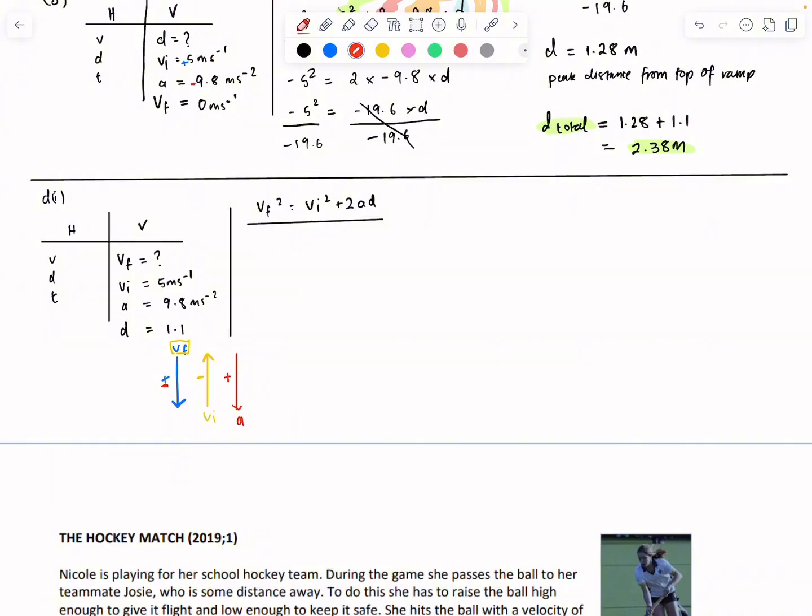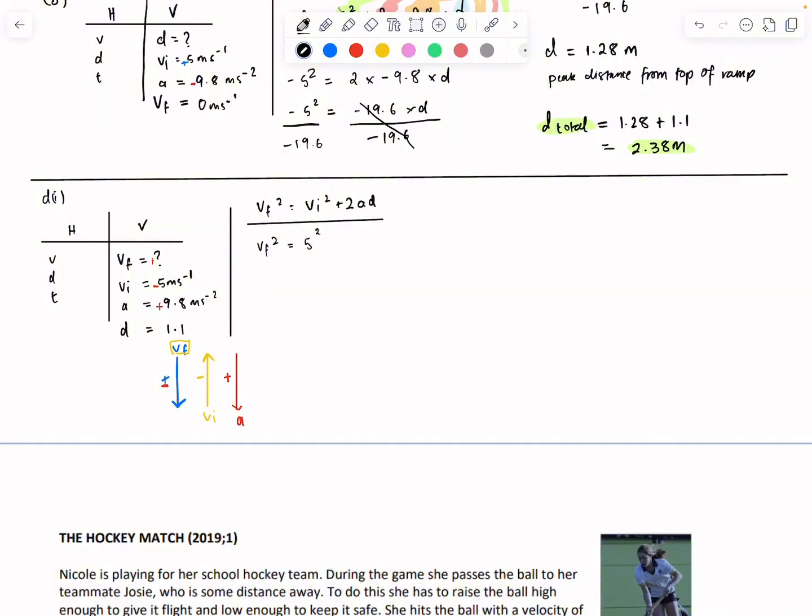Now we can substitute everything in. Now that we've defined that VF is going to have to be a positive, VI is going to be a negative, and acceleration's a positive. Okay, let's substitute. VF at the moment is unknown. VI squared is 5 squared.